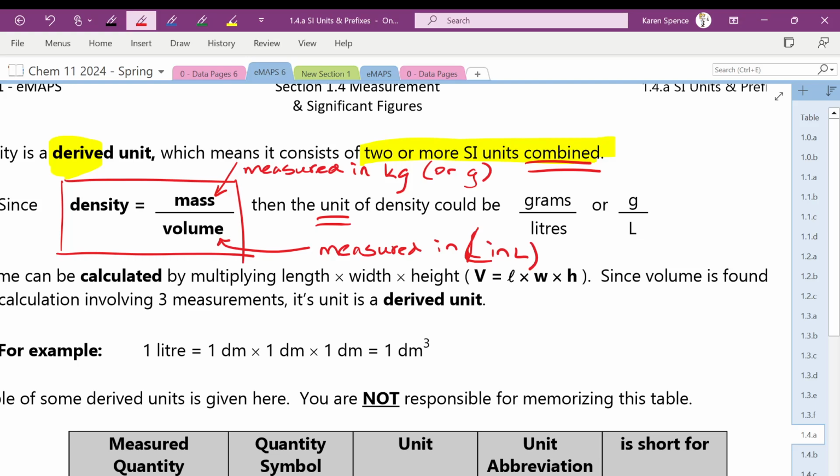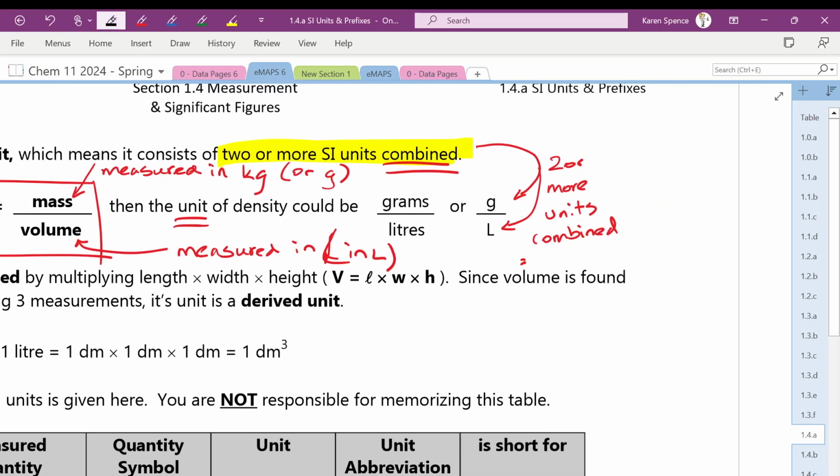The reason it is a derived unit is we have two or more units combined. And that makes it a derived unit. I think they should have just called it a combined unit, but that would be too easy.